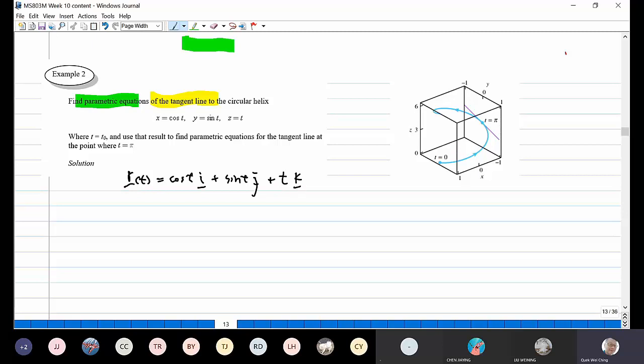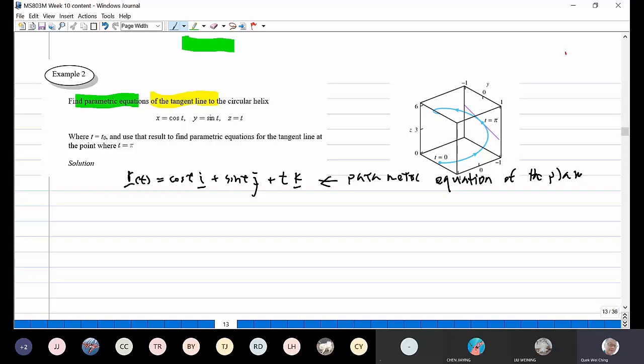This is not the tangent line. This is the parametric equation of the curve.